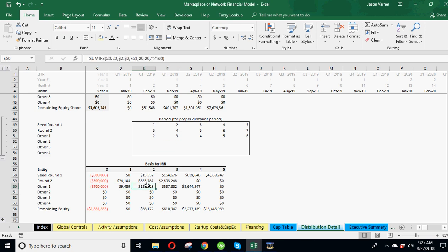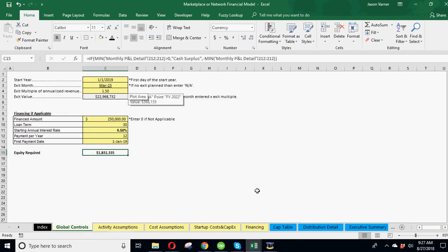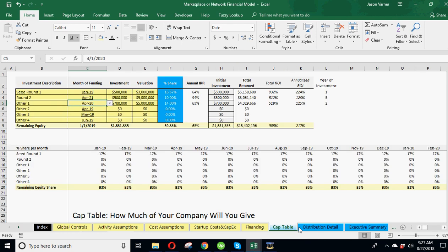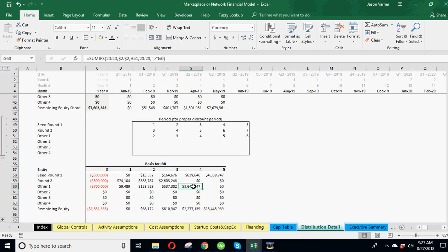So that's their period two, and then four is actually their period three, and then the fifth period, which is when we possibly have an exit. Well, we don't have an exit here. Oh wait, we do have an exit. So that's where they get a little bit more of the cash flow.